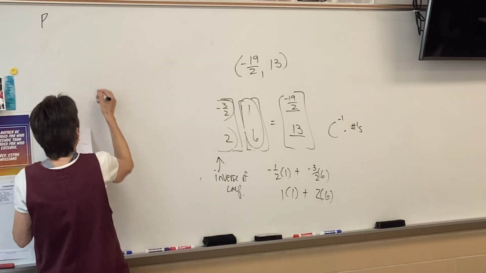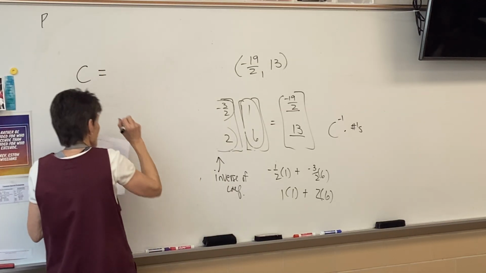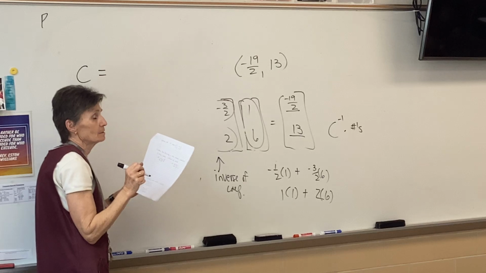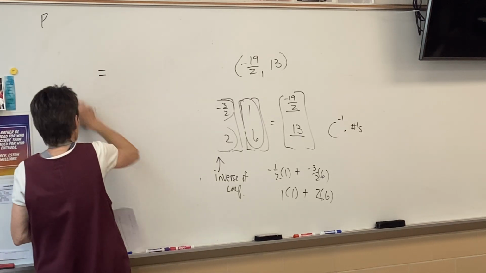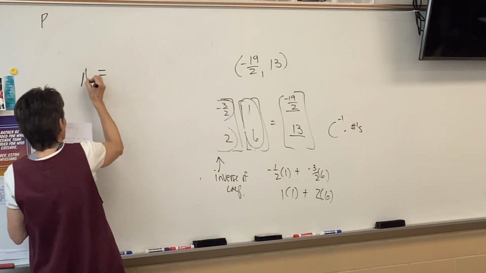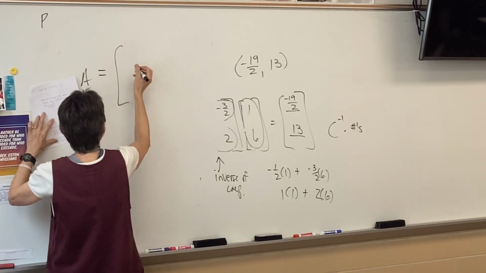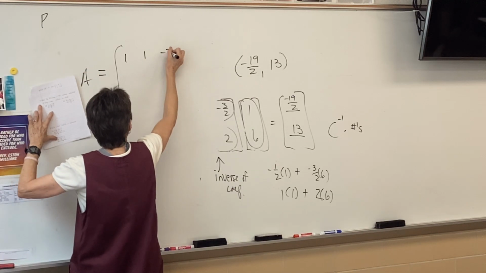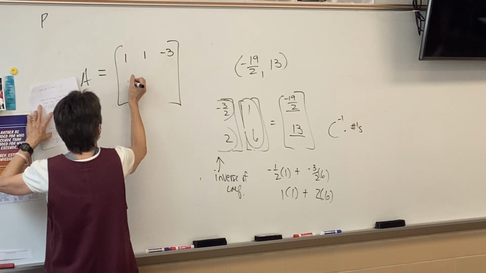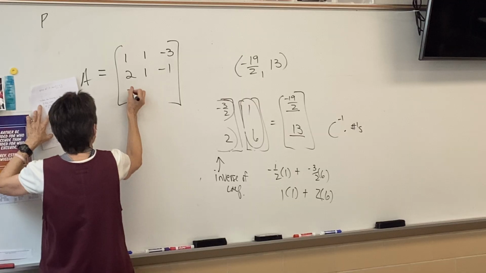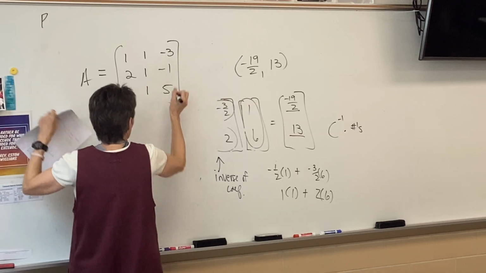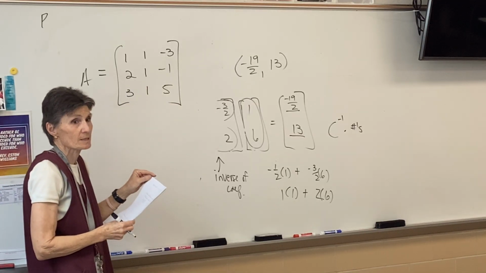So, what are the coefficients? I'm going to go ahead and call them A because it's going to be A in my calculator. The coefficients are going to be 1, 1, negative 3, 2, 1, negative 1, and 3, 1, 5. Does everybody agree those are the coefficients?